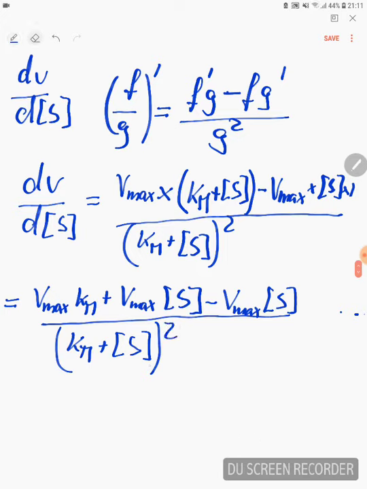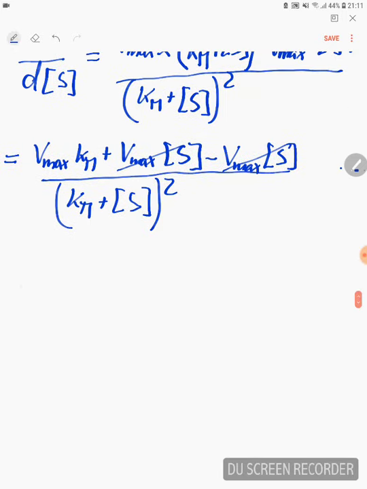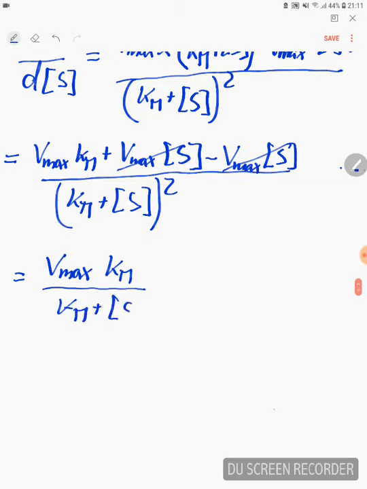Obviously this is the non-normalized form, and we see that the Vmax S cancels out here. So we have equals Vmax Km divided by Km plus S squared. And as I said, that is the non-normalized form.